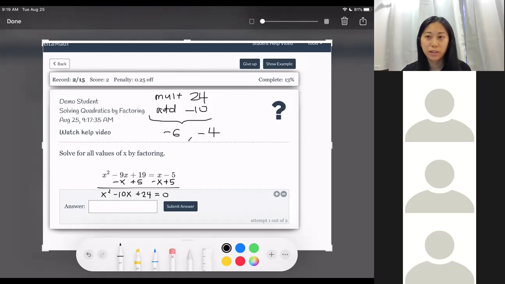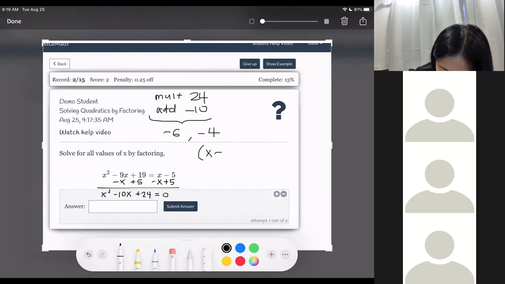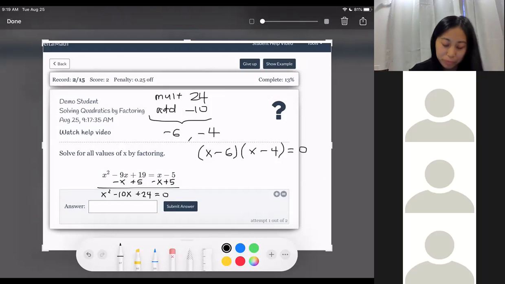It does take a bit of guessing and checking, and I will go into more detail next time because there's just 1 minute. Okay, so then that means here are your two factors, x minus 6, x minus 4. I will record something more detailed later, okay? Equals 0.